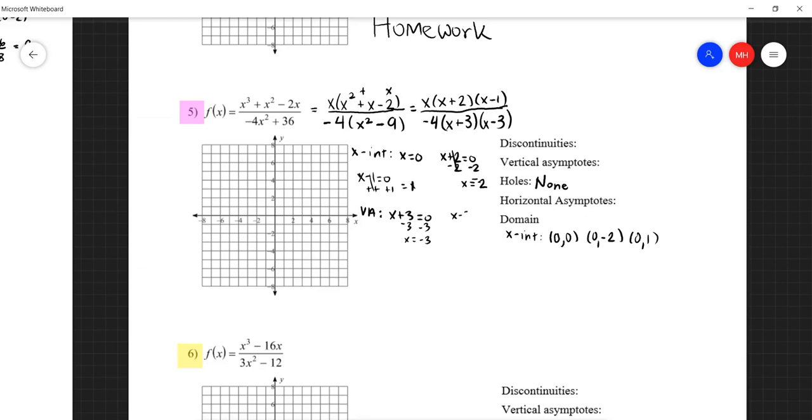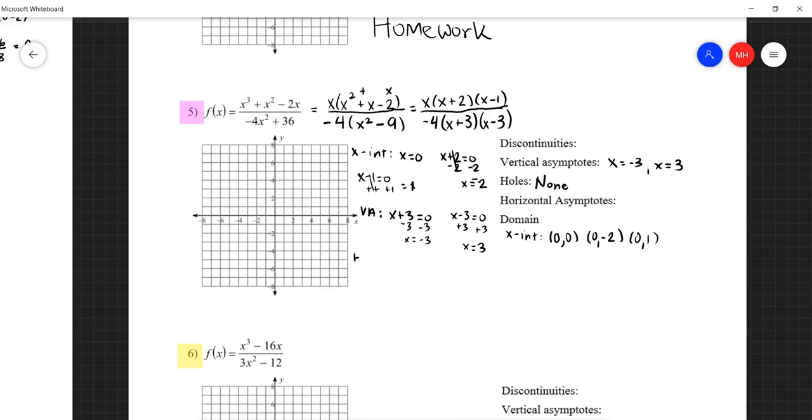And then x minus 3 equals 0, and add 3 to both sides, and we get x equals positive 3. So there are 2 vertical asymptotes. Let's again write them as equations, so x equals something.